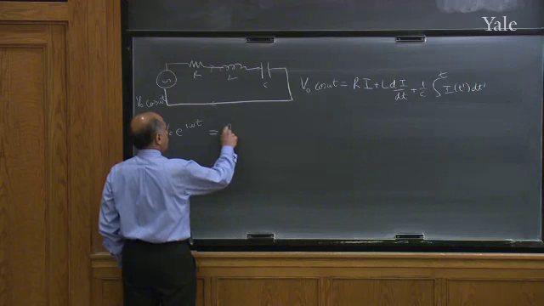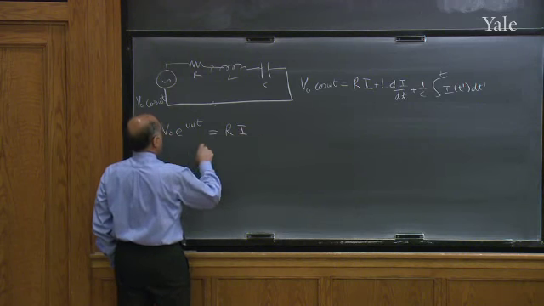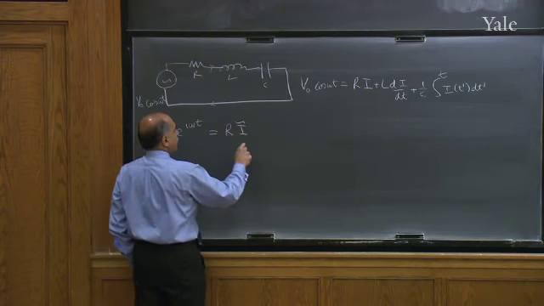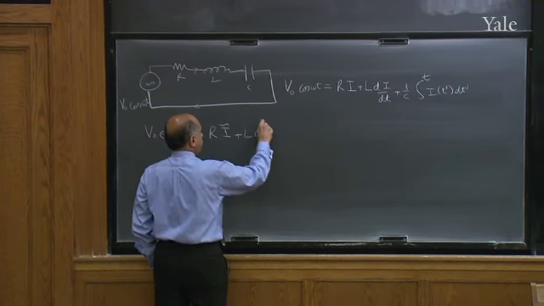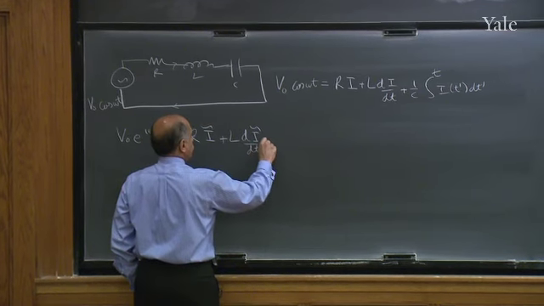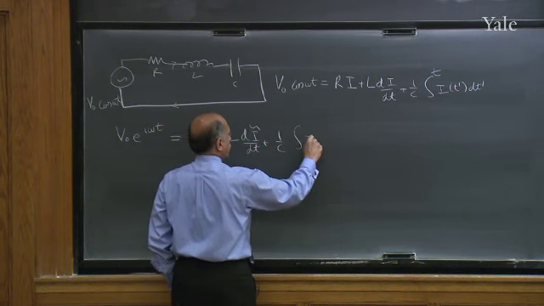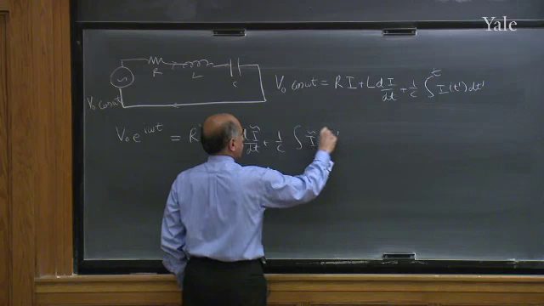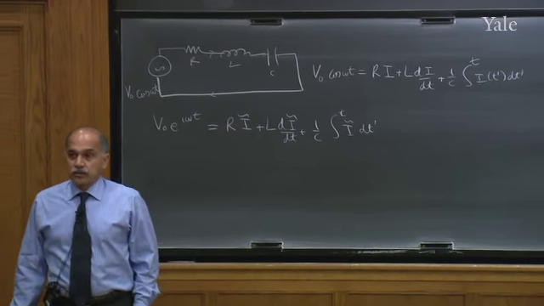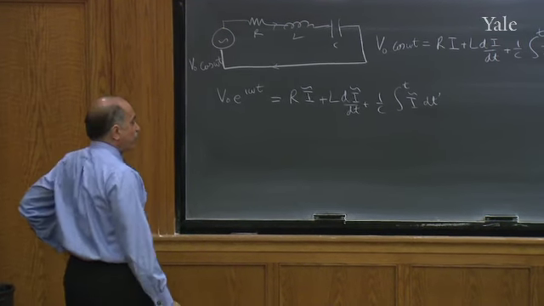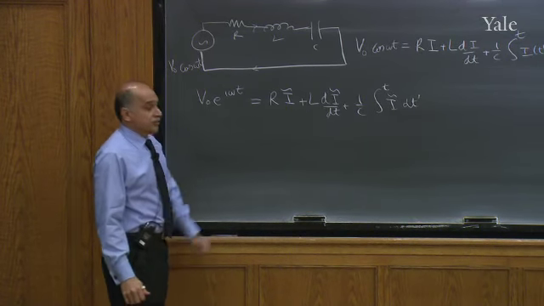Then that voltage, I assume, will drive some current I call I twiddle. So I twiddle is the answer to the problem where the driving voltage is not real, but this.